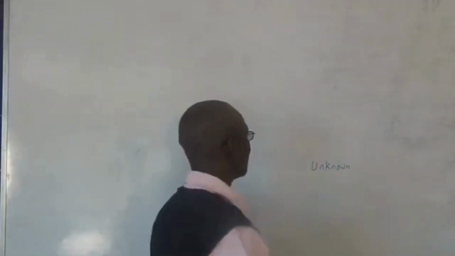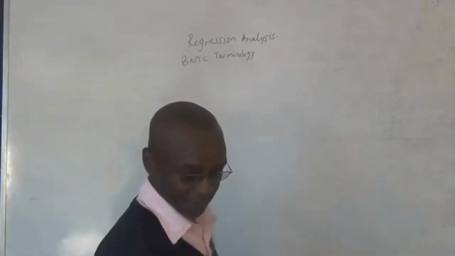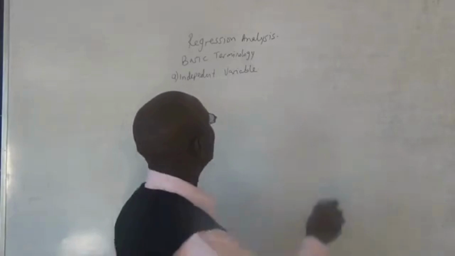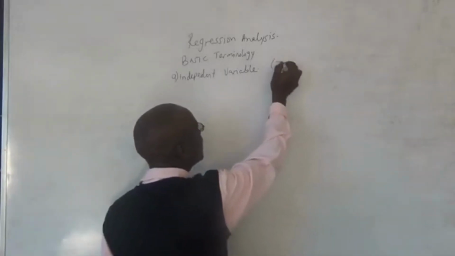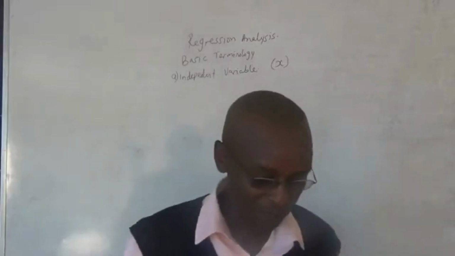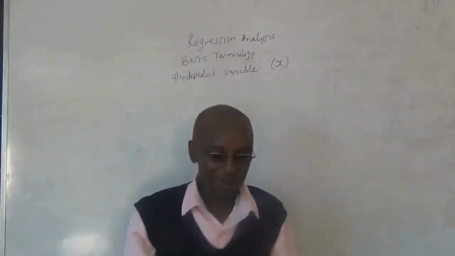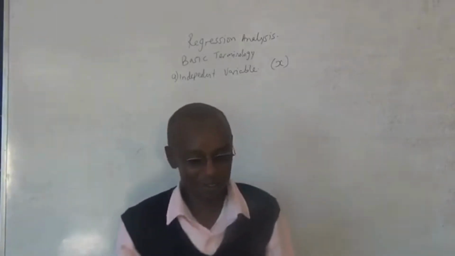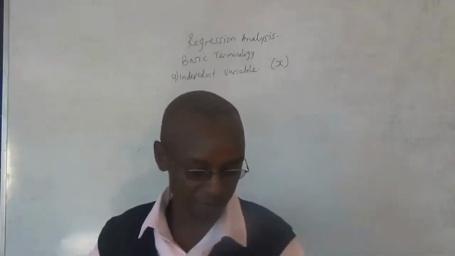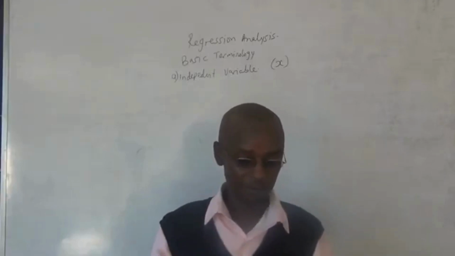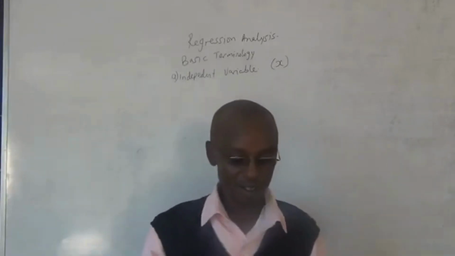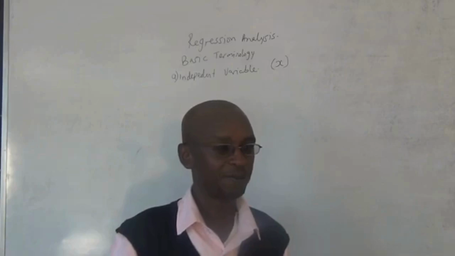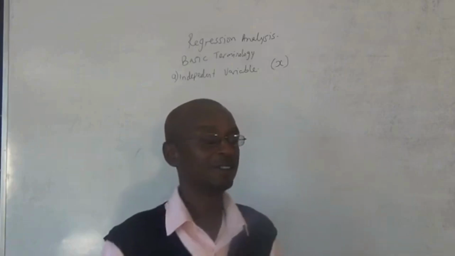Fine. Basic terminology. One, we have independent variable. This is x. So this is the variable that influences another variable. Examples: advertising expenditure.